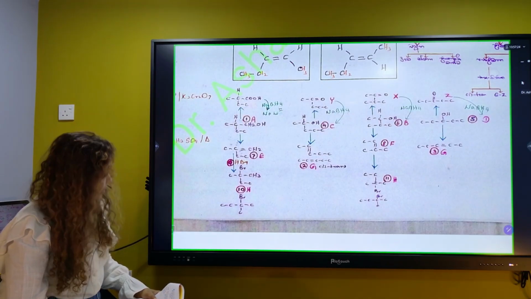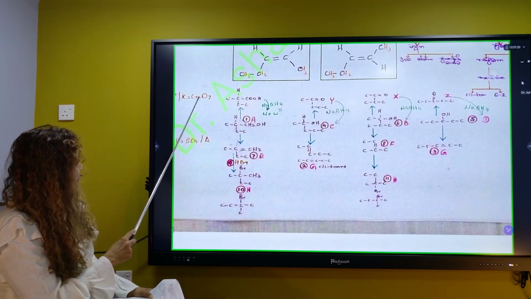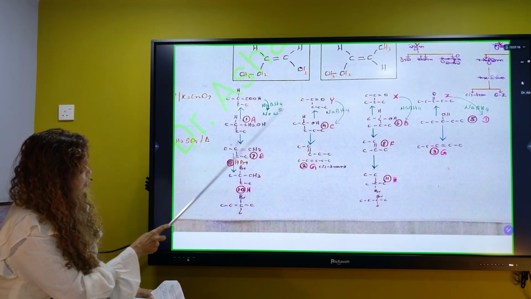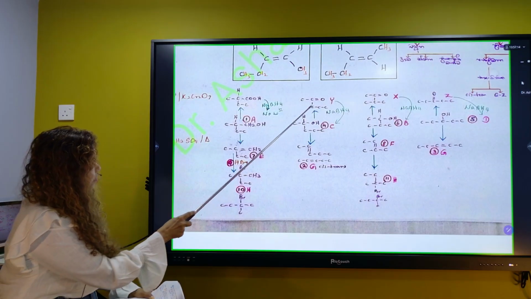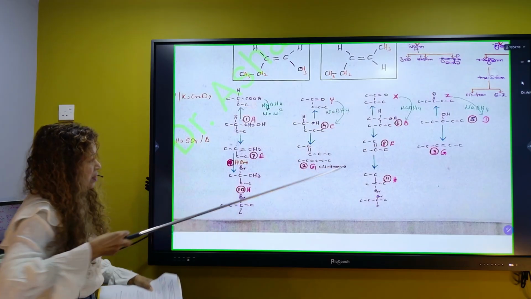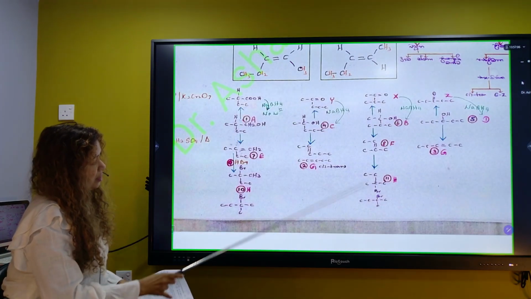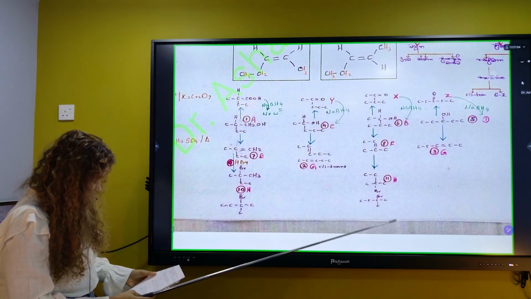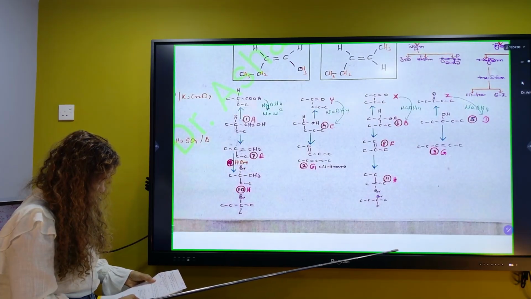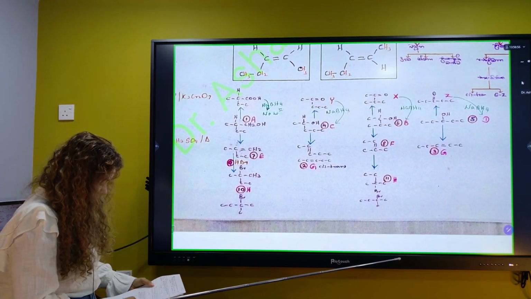B, C, D react with dichromate. Within the dichromate reaction, the secondary alcohol part becomes a ketone.